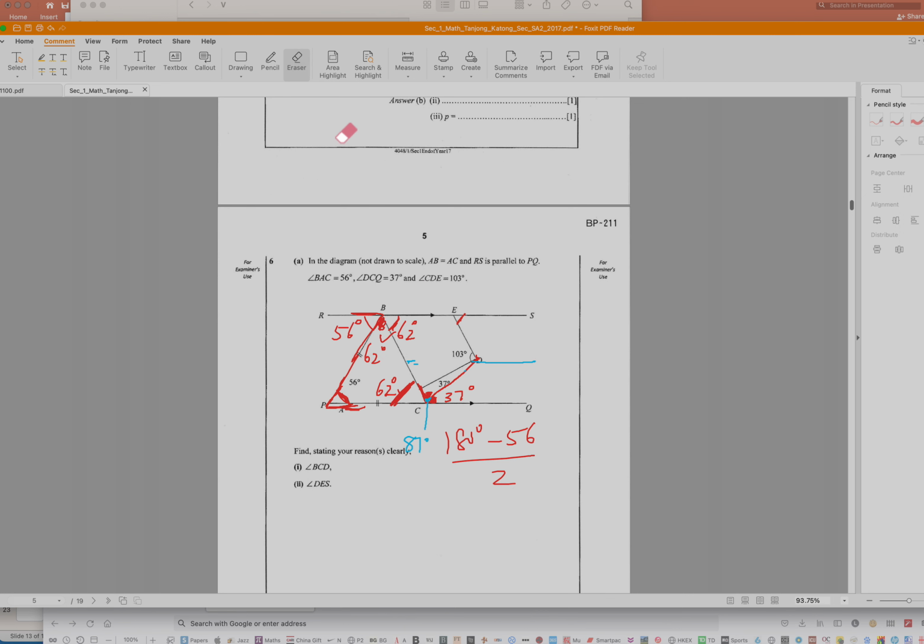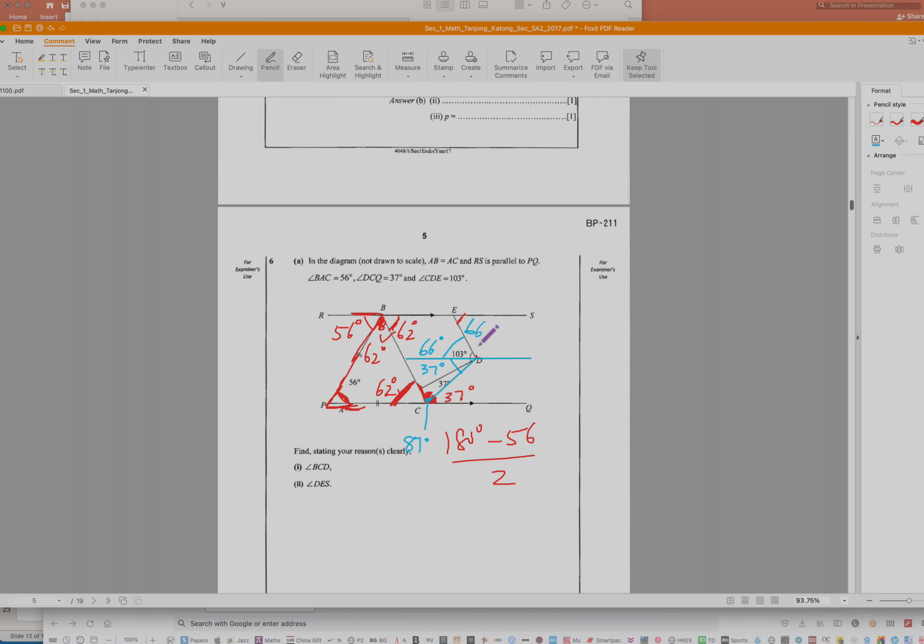So that means you need to insert another line. Let me draw the straight line straighter, because otherwise it's hard for you to see. Then one more line. Okay, so now it's good. So this one is 37. So 103 minus 37, you get 66.